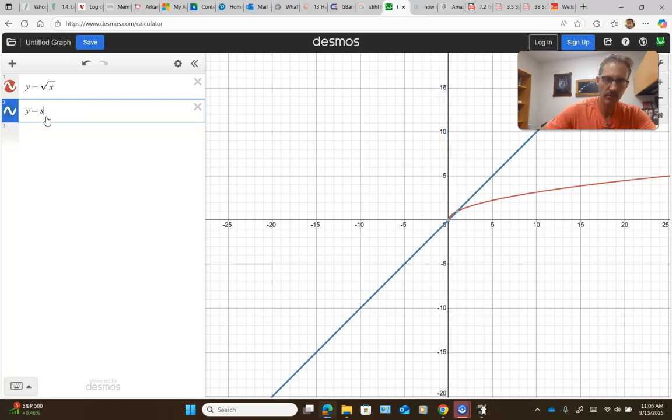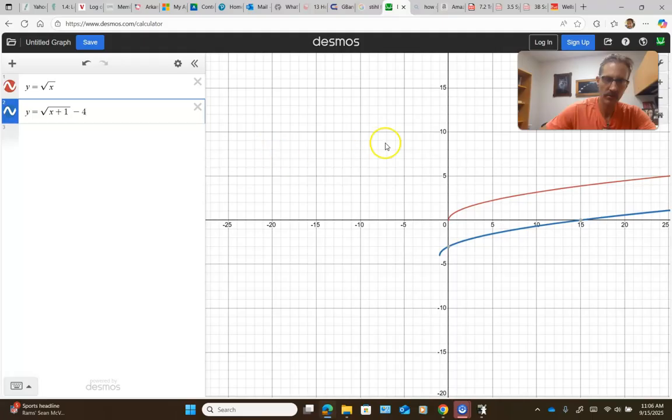So let me type in SQRT again, and I'll put, what did we have, an x plus 1 underneath the radical. Let's scroll to the right, and then we're going to say minus 4. And look at that. That center point and all the points on this shifted to the left 1 and then down 4. Okay, you guys see that?